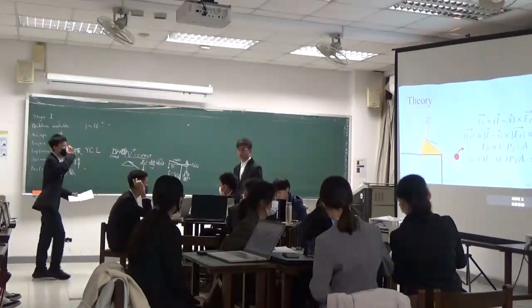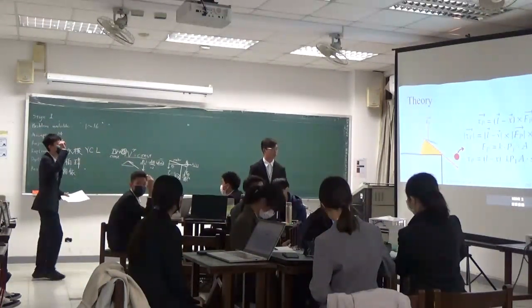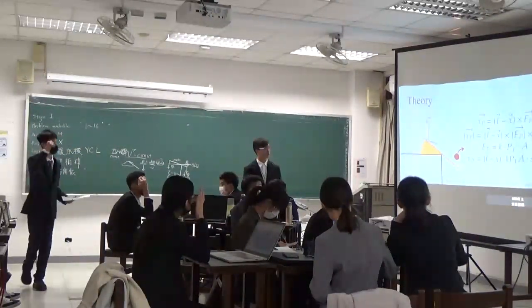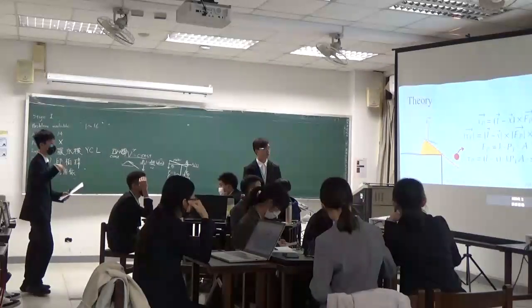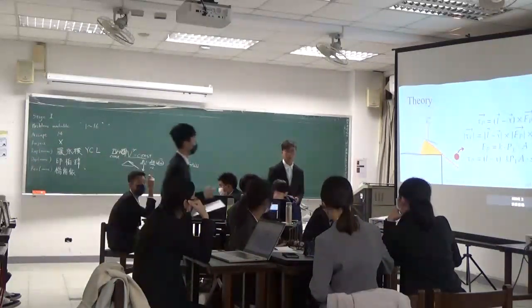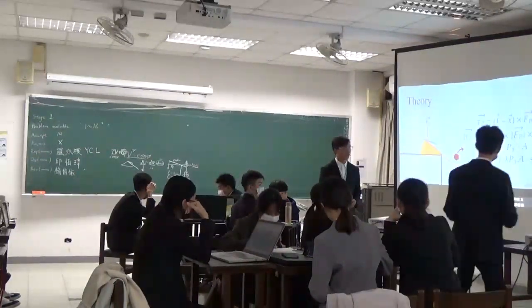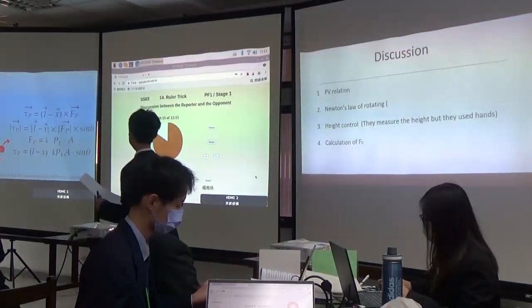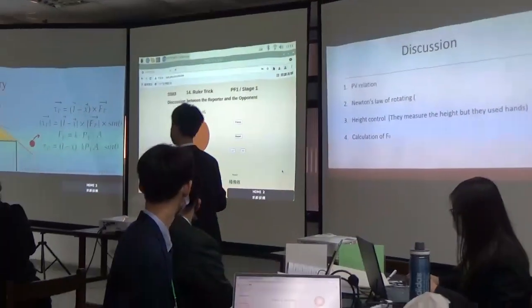Oh, okay. Then for the ball acting on the ruler, you didn't consider the mass of the ball, right? The mass and the gravity force of the ball?